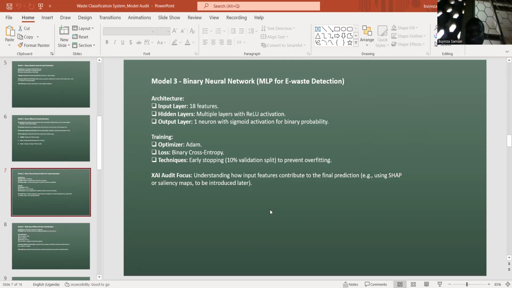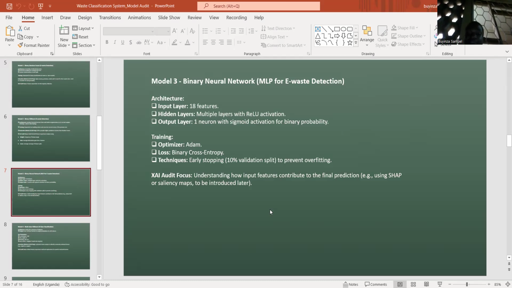When we look at training, it optimizes with Adam, the loss is binary cross-entropy, with early stopping, where we have a 10% validation split to prevent overfitting. Then the XAI audit focus is understanding how input features contribute to the final prediction.